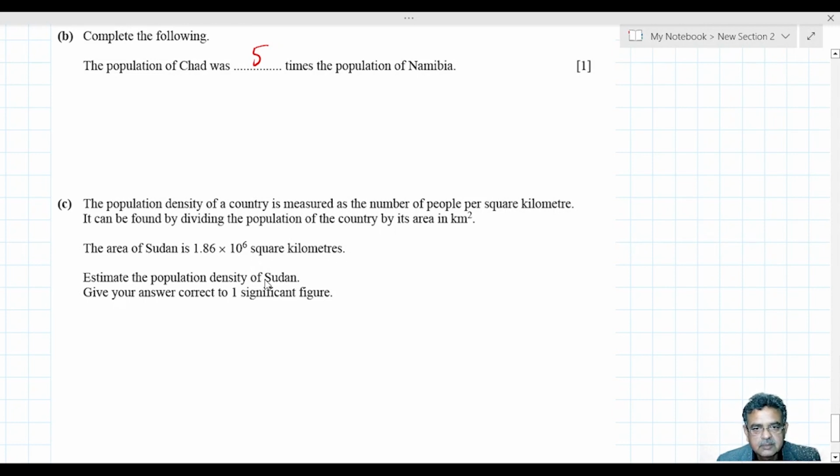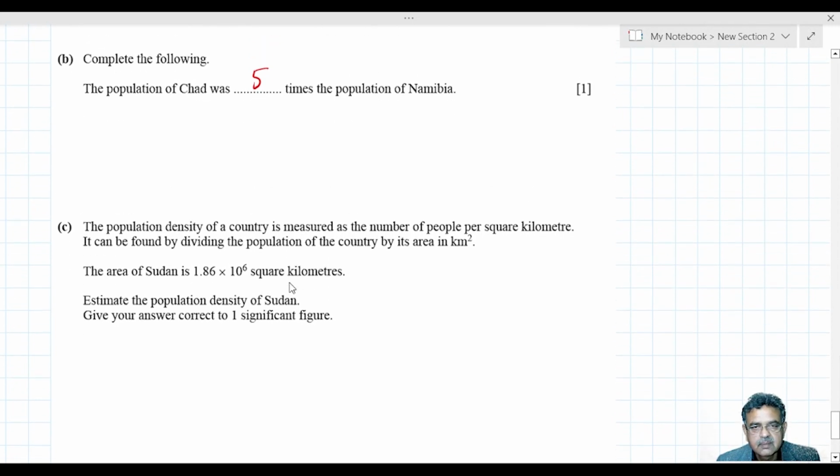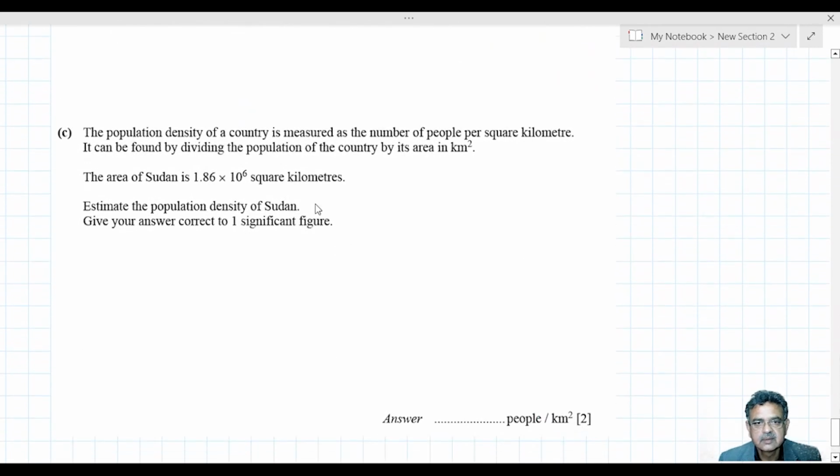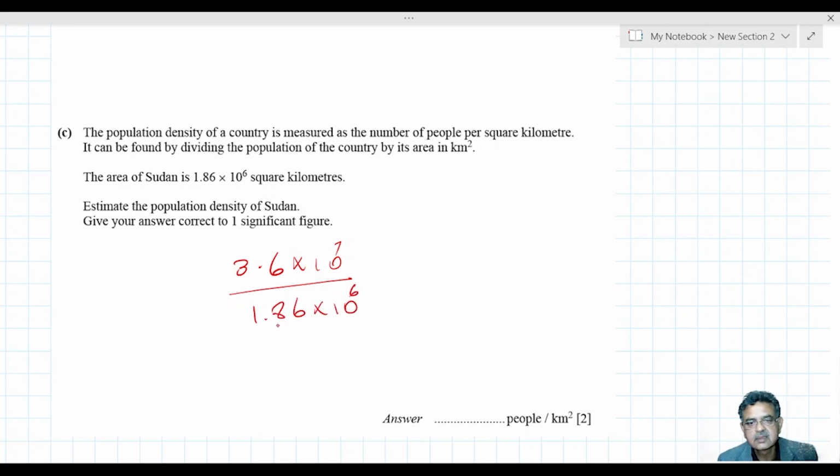Estimate population density of Sudan. Population of Sudan is given 3.6 into 10 power 7, divided by area of Sudan 1.86 into 10 to the power 6.